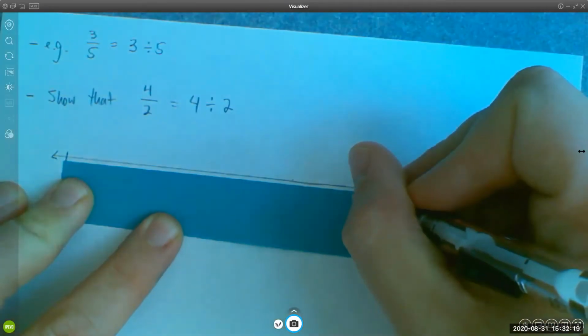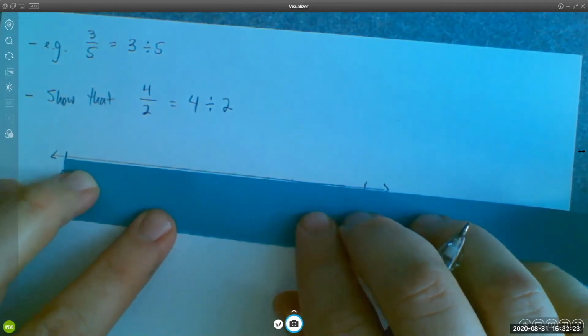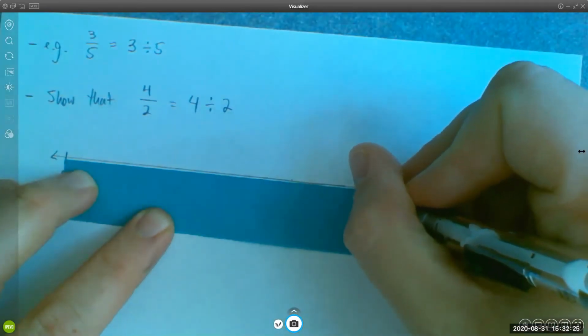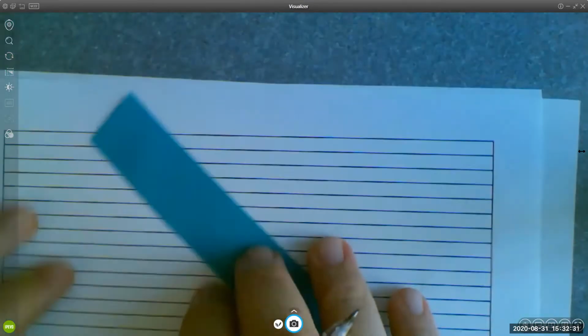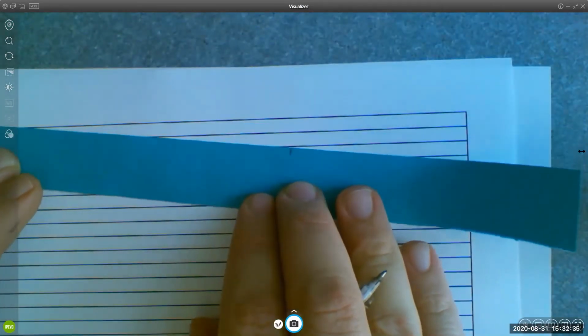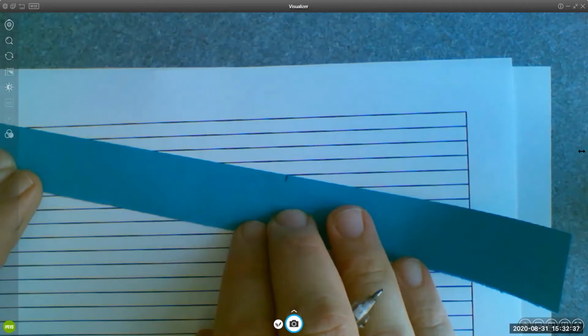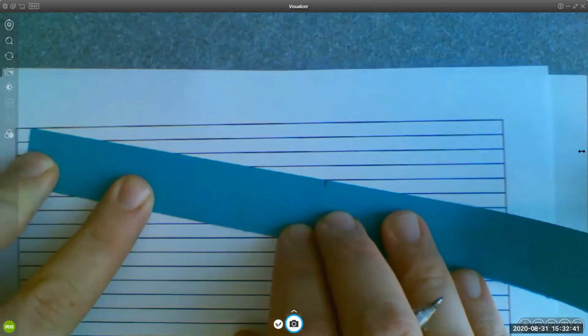So I need to mark that. Let me try to make it precise if I can. Okay, so there's 4. I need to split it into 4 equal parts. So I'm going to go down 1, 2, 3, 4. Something like that.